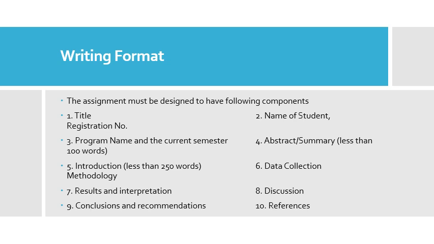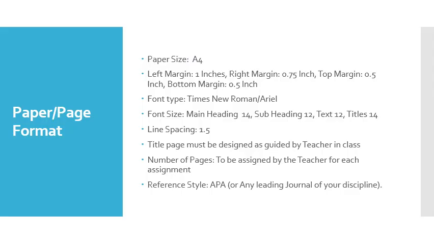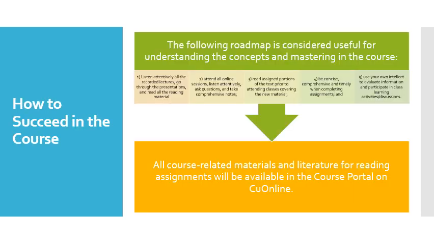In the case of exceptions, you will know in the live sessions. So live sessions are really necessary. Paper format must be A4 size paper, and here are some document constraints which you should follow.